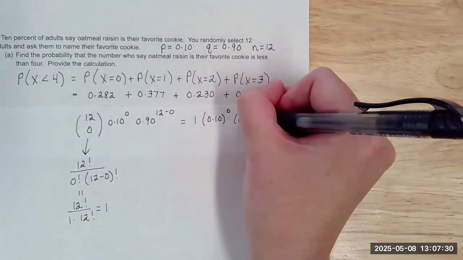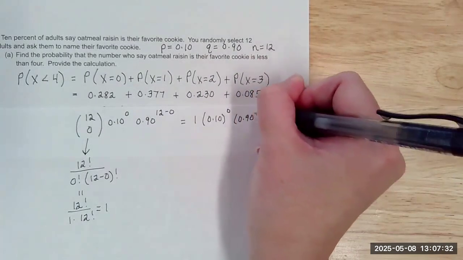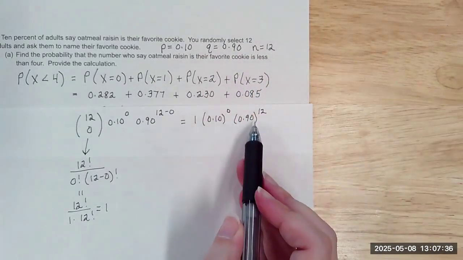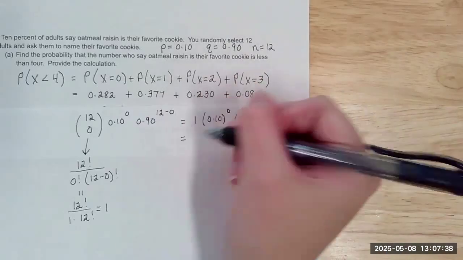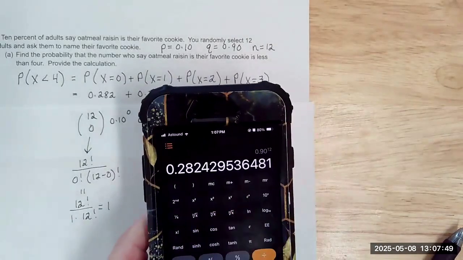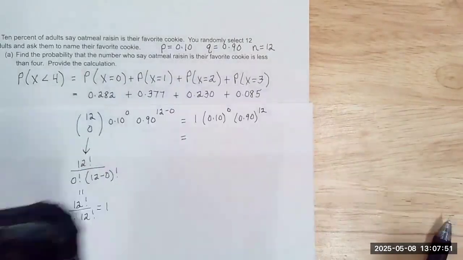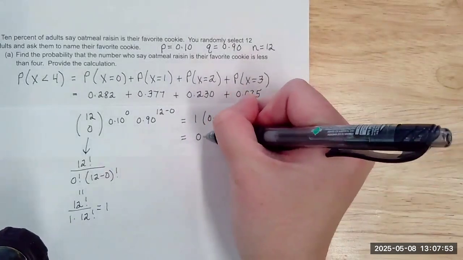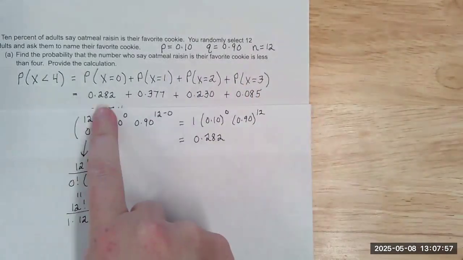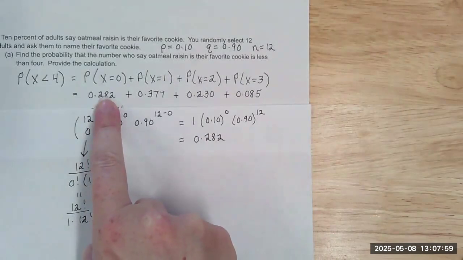And then times 0.90 raised to the 12th power. So we have 1 times 0.90 to the 12th power. So I'm just going to do 0.90 to the 12th power in my calculator. 0.90 to the 12th power comes out to be 0.282, which is exactly what the table told us, 0.282.